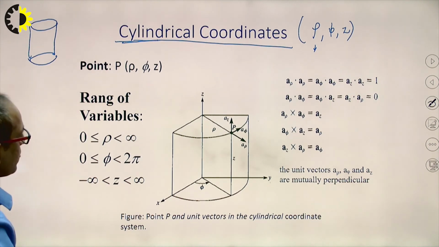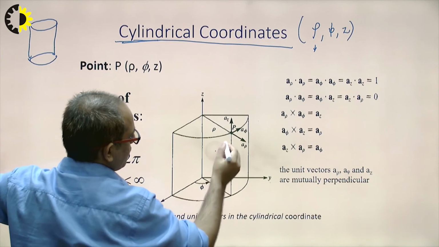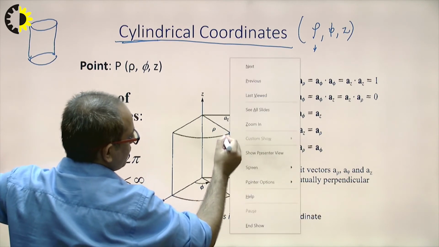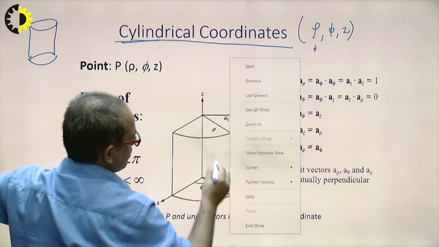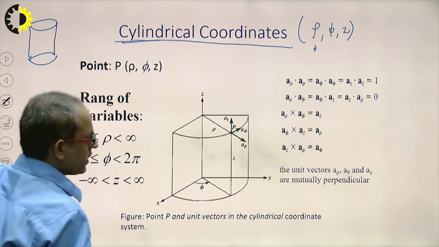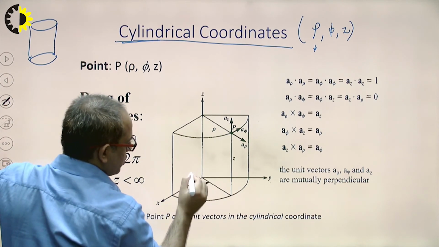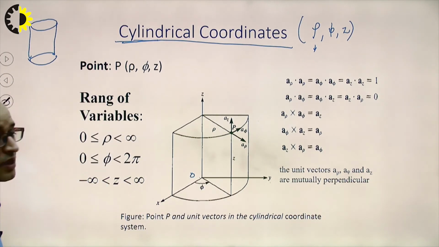Now see, if I am standing at this point P, and I want to reach this point from the origin O. Clear?